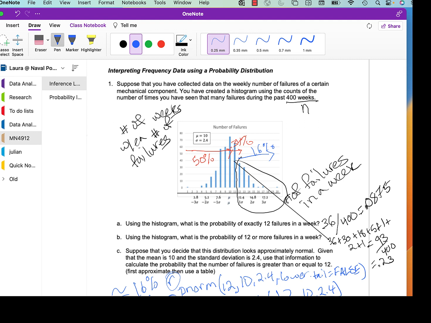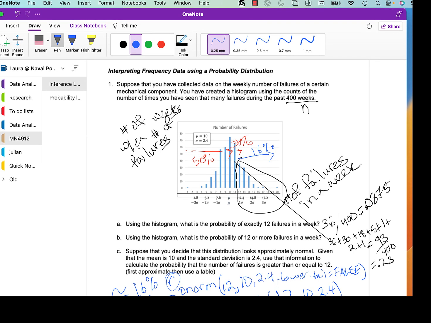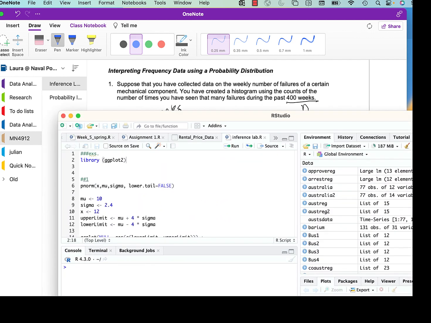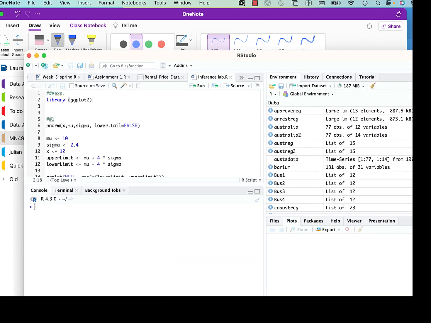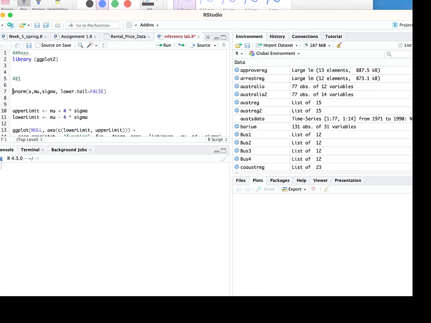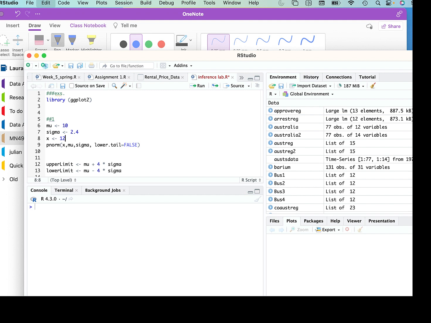I can go ahead and show you what that code looks like in R. Here we go, here's some code. I'm going to set our X as 12, right?